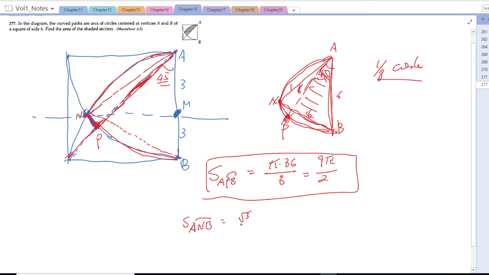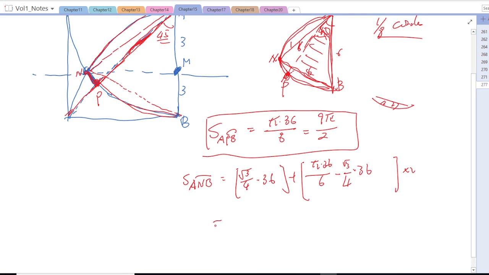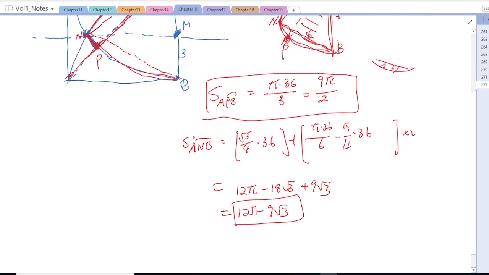The equilateral triangle is root 3 over 4 times 6 squared, which is 9 root 3. Then this part is 60 degrees, 1/6 of the circle, so pi times 36 over 6, and we times 2, minus the 9 root 3. So this is 12 pi minus 18 root 3, plus 9 root 3, which is 12 pi minus 9 root 3.